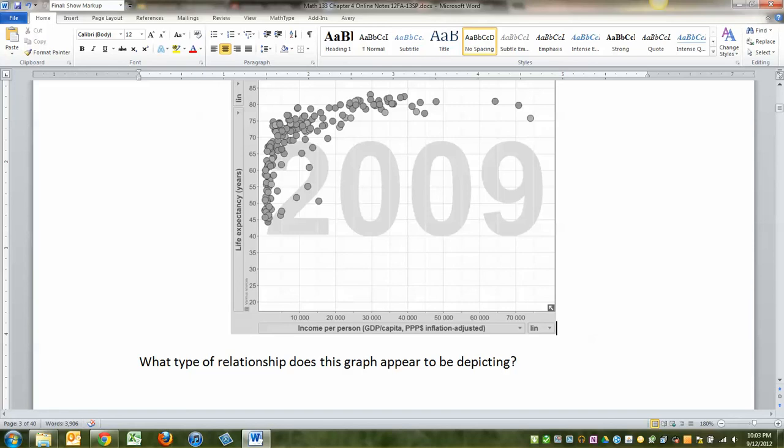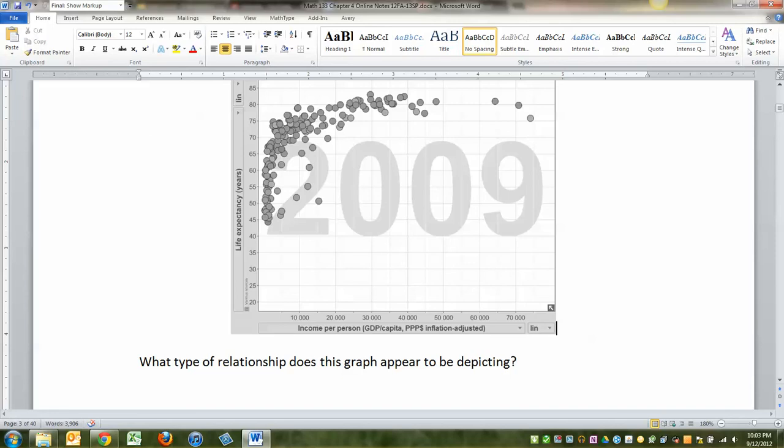See the big 2009 in the background? So for example, in 2009, this country over here has an average income of 15,000 and a life expectancy of about 50, right? There's a country over here that's about 75,000, probably Qatar to be honest, and a life expectancy of 76. Right, and then all these other countries.